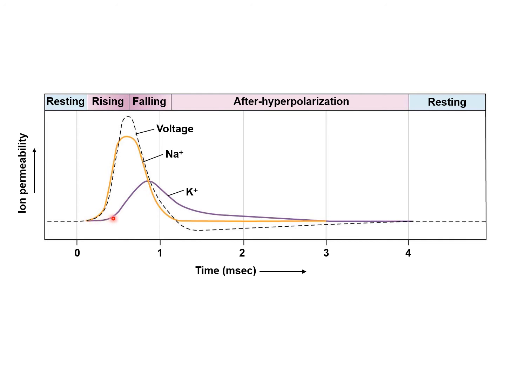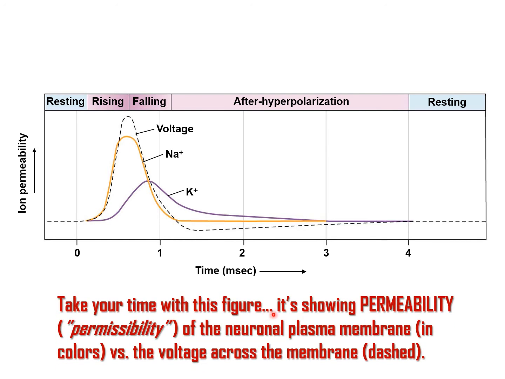Meanwhile, potassium permeability rises, it peaks out during the falling phase, and then it falls, and then we have undershoot over here, and we're finally recovering at the end. It's just showing you permeability relative to voltage. It's a little bit tricky to wrap your brain around if you're not experienced with it. Take your time. It's showing permeability versus voltage. It's basically a graphical equivalent of the GHK equation on the membrane.